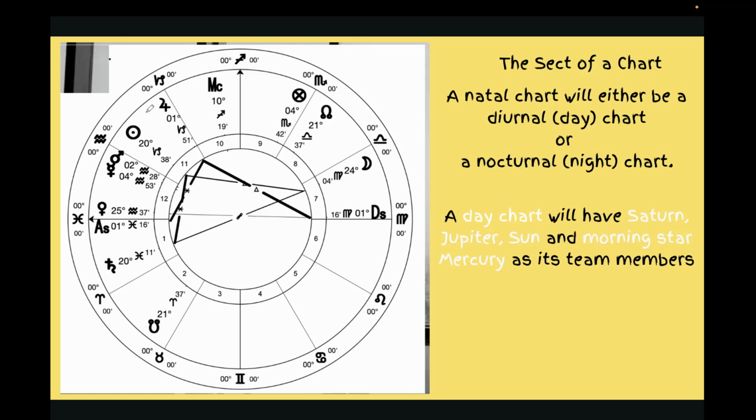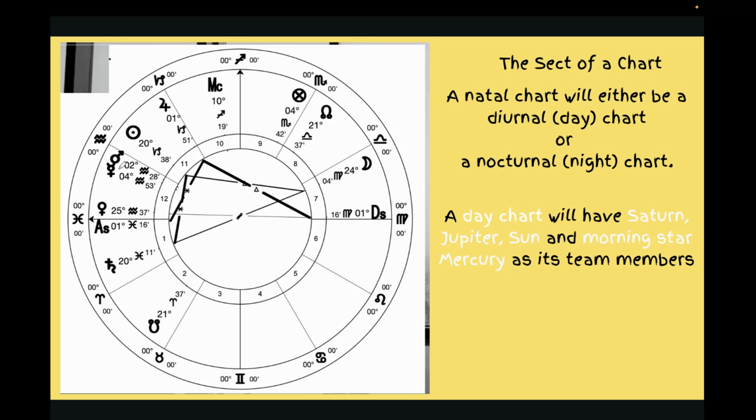Finally, we want to see where Mercury is. In this case, here is Mercury. Here's the sun and Jupiter, its team members, and Saturn, its team member. But Mercury's here. Mercury is in aversion to this house, and Mercury is in aversion to this house. So Mercury cannot communicate with Saturn, Sun, and Jupiter because of being in aversion.